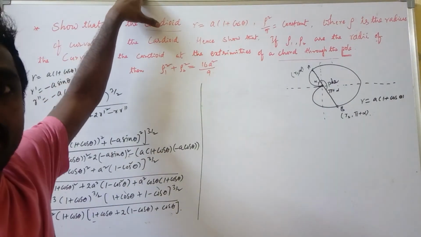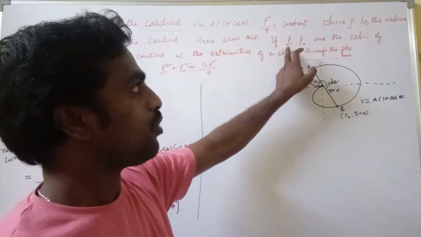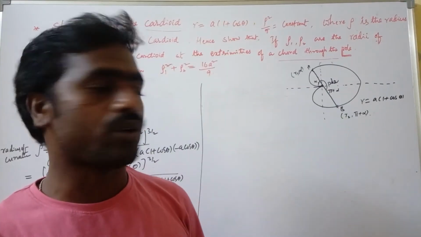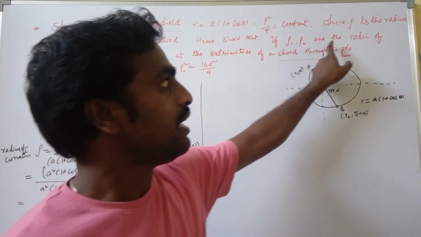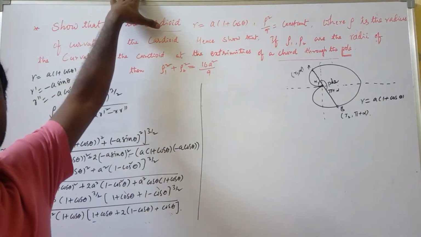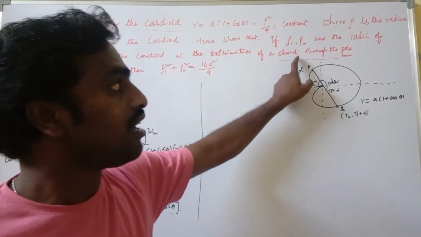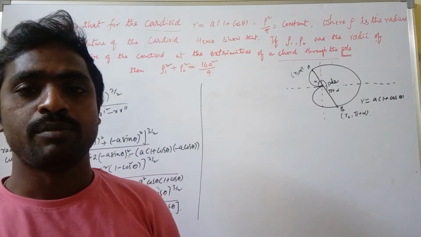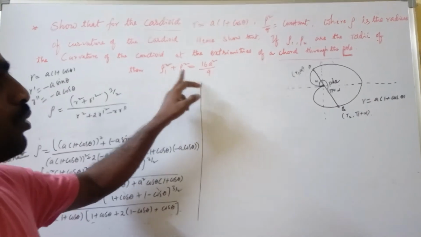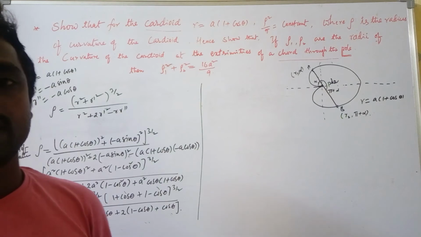Hence show that if ρ1 and ρ2 are the radii of curvature of the cardioid at the extremities of a chord through the pole, then ρ1² + ρ2² = 16a²/9.